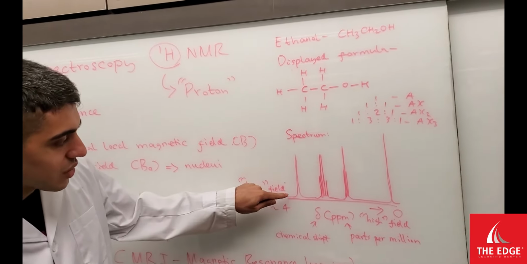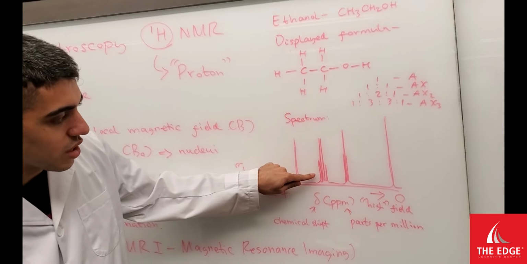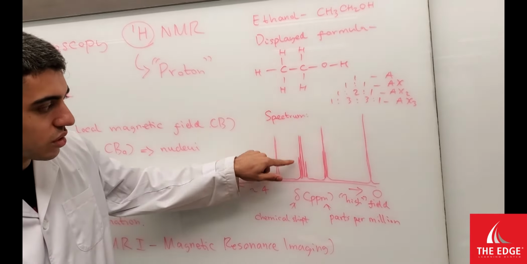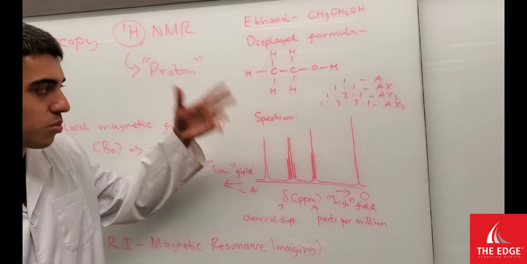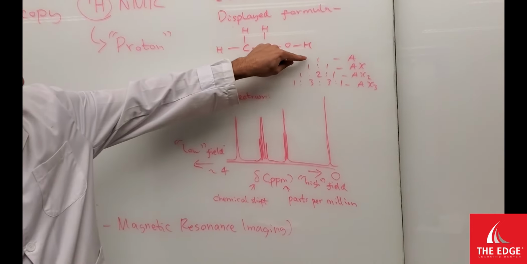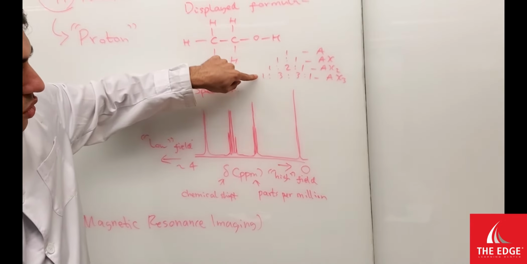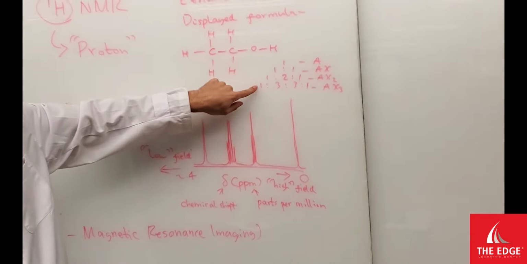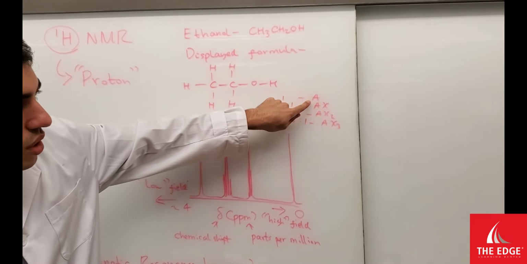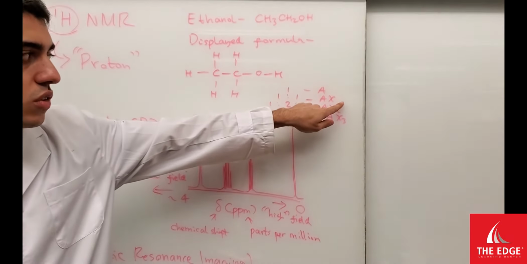For the exact splitting of each peak and the ratio of the signals in each splitting pattern, we will use Pascal's triangle here. This is just the first 4 rows of Pascal's triangle, referring to the proton and the number of neighboring protons it's coupling with.